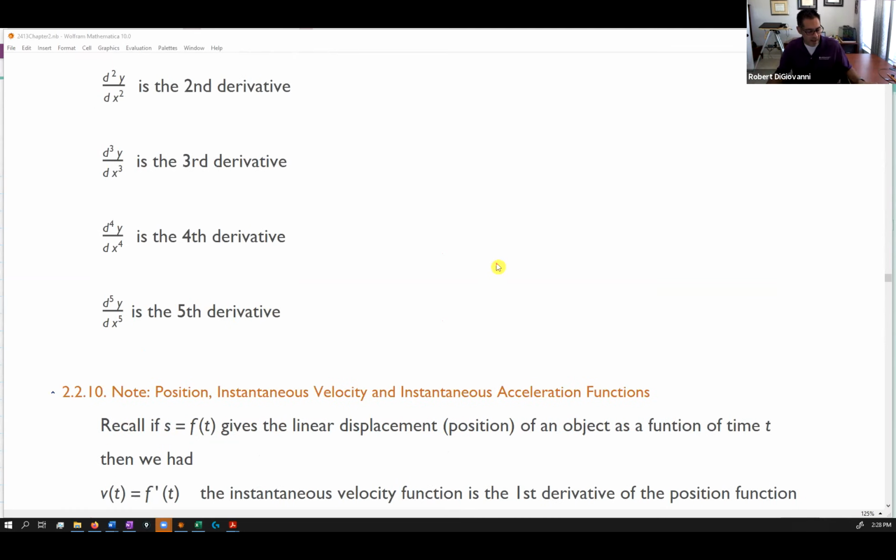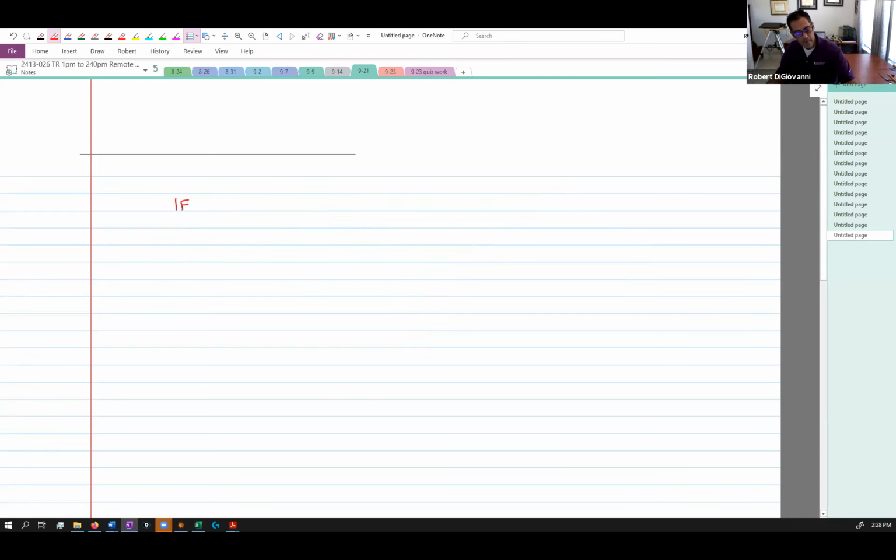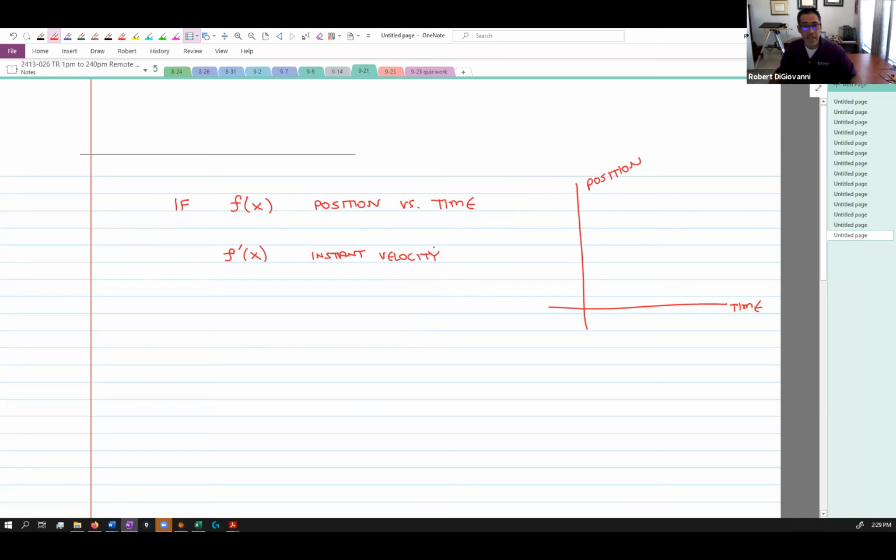Coming into today, I had already told you that if a function gave you position versus time, in other words, if you graph it, if this is time and this is position or distance, then the derivative from last class would give us the instantaneous velocity, the speed.